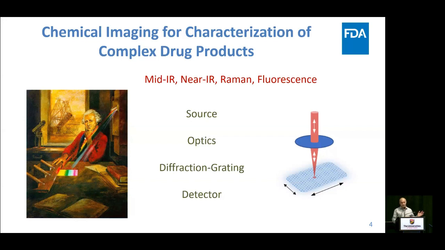The equipment that would fill up an entire lab is now diode lasers that are the size of a fingertip, and holographic gratings, notch filters, the CMOS detectors, and essentially it's pushing us to the limit where we can approach theoretical limits in resolution, in sensitivity, and speed.